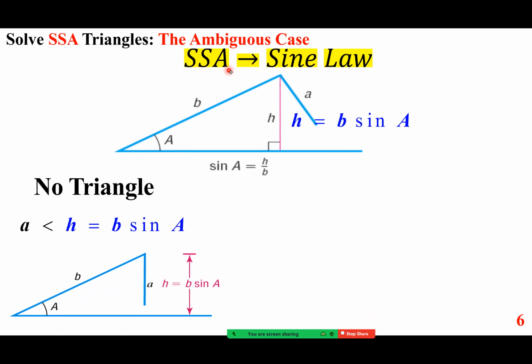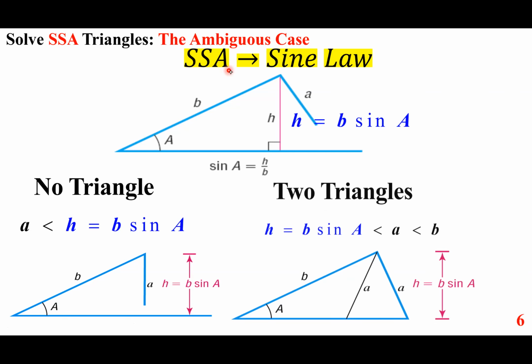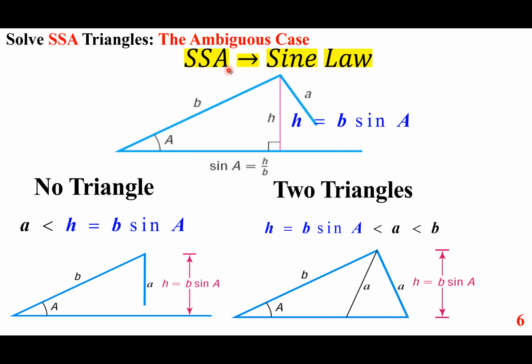I'm reminding you, where h becomes b sine A. If a is less than h, there is no triangle. When h is less than a less than b, we have 2 of them. And if h is b sine A, we have one of them, which is a 90-degree angle or a right triangle.